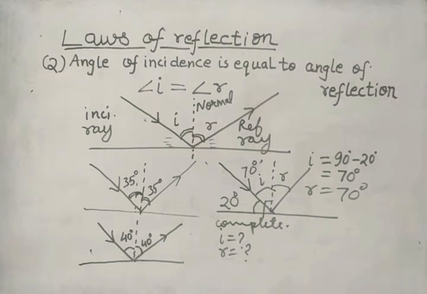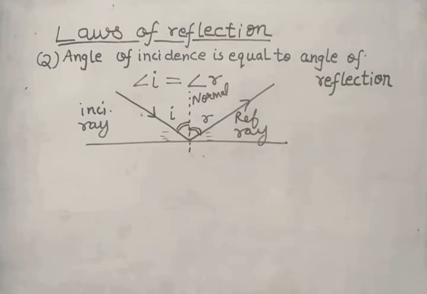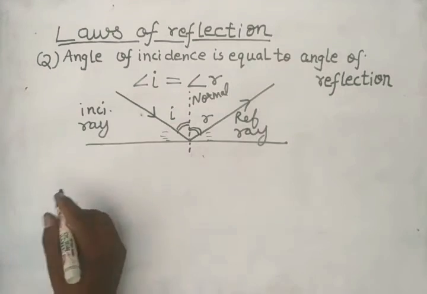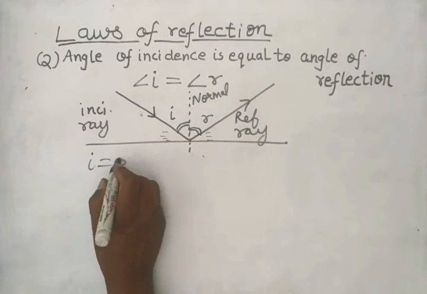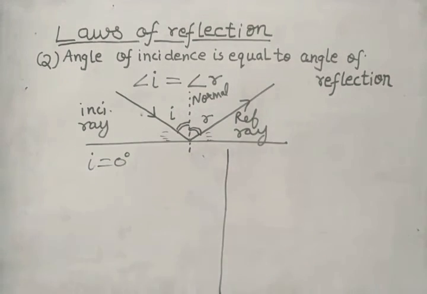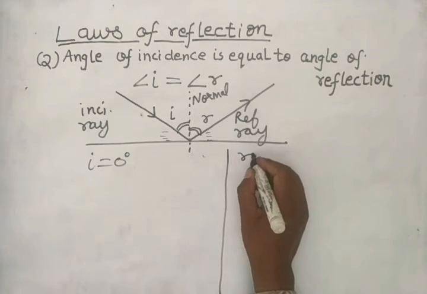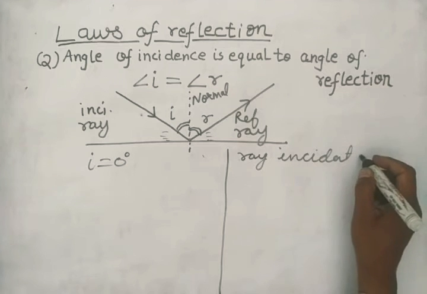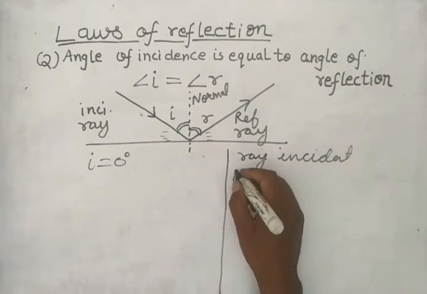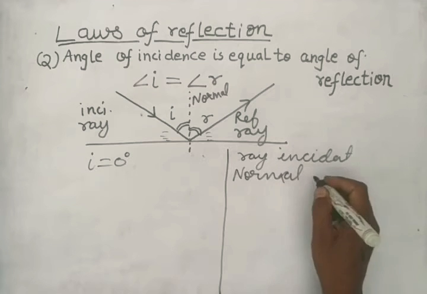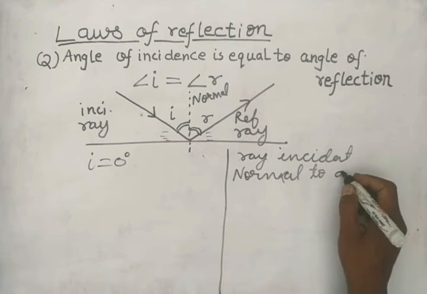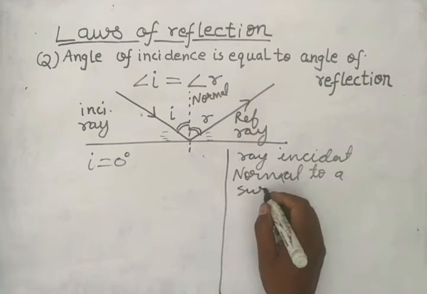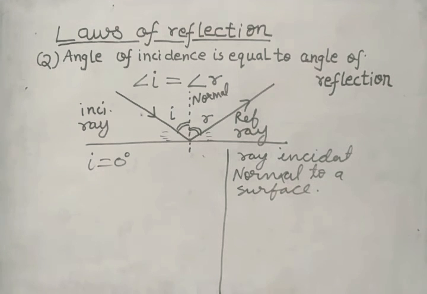So, all right, now another question. Is it possible to have an angle of incidence of 0 degrees? What does it mean? I have said the angle of incidence is 0 degrees. And in another case, I am saying that a ray is incident normal to a surface, reflecting, of course.